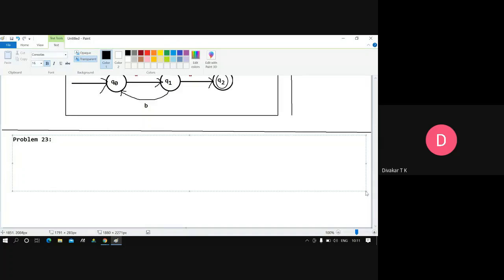Quickly, what I will do now, I'll write: design a DFA. Carefully observe this problem. Okay, last problem for the day.